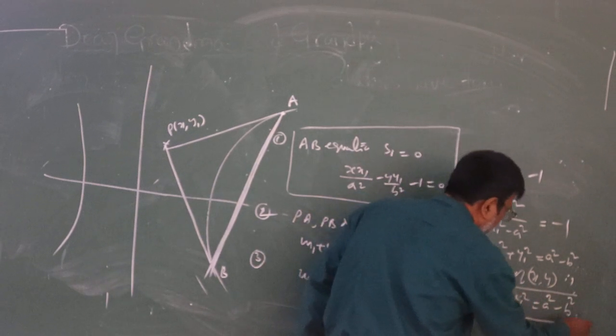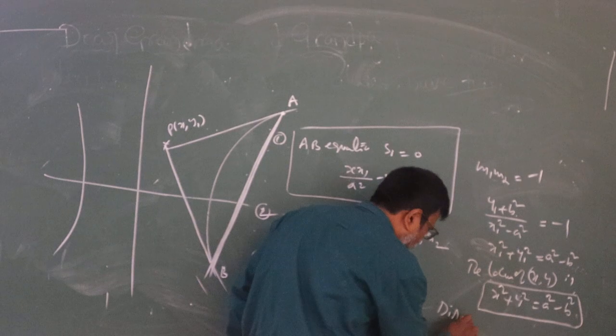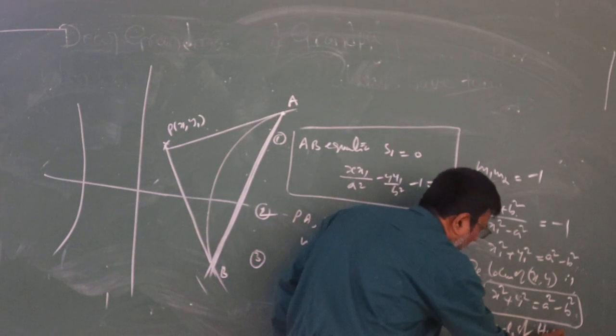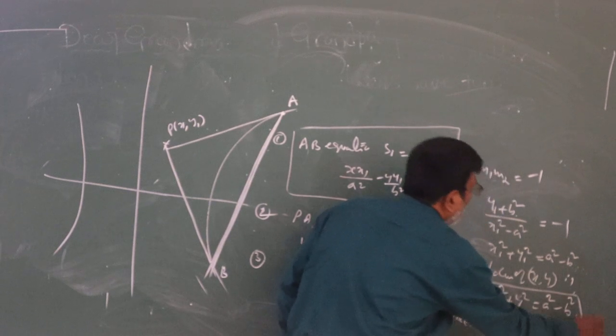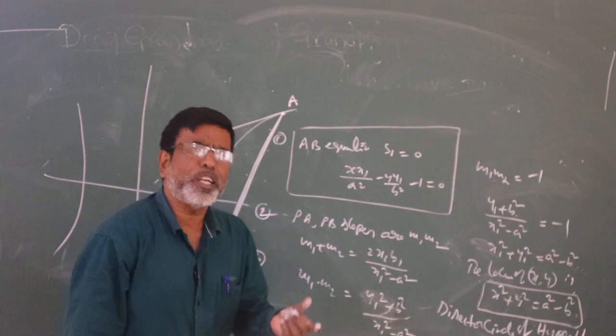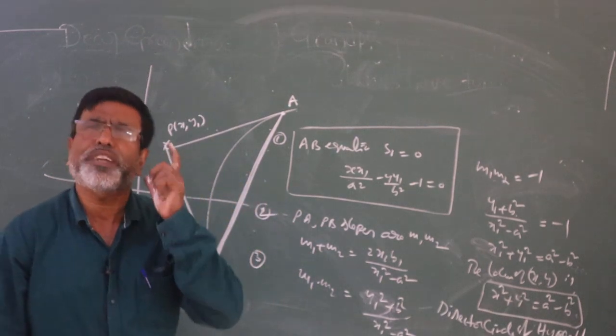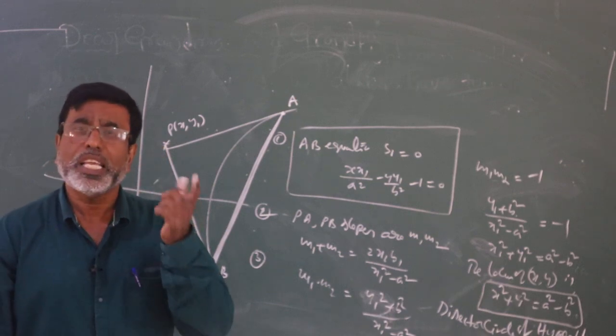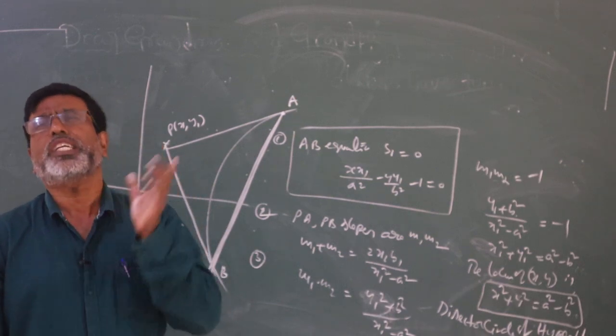This is called the director circle of the hyperbola. The director circle is the locus of the point of intersection of perpendicular tangents to the hyperbola.